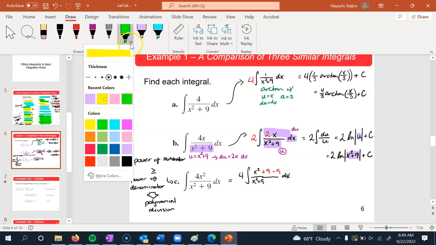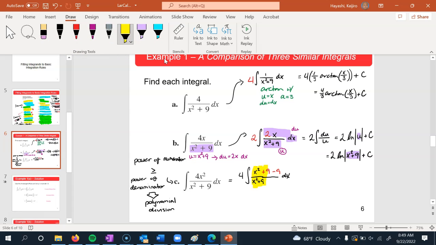after which you can group these together, and then have a separate integral for these together. So x squared plus 9 over x squared plus 9, and then minus 9 over x squared plus 9.